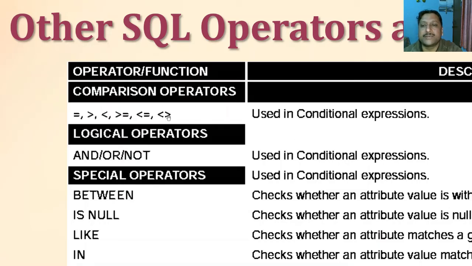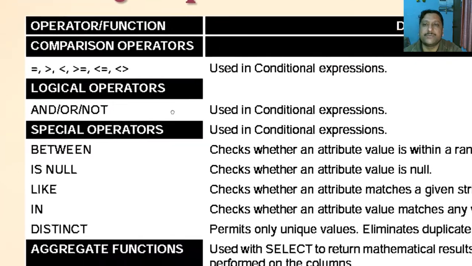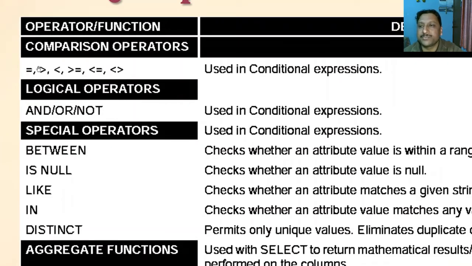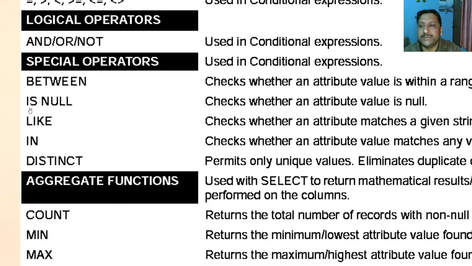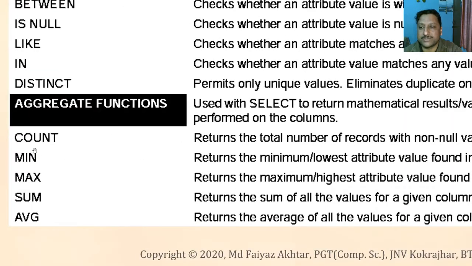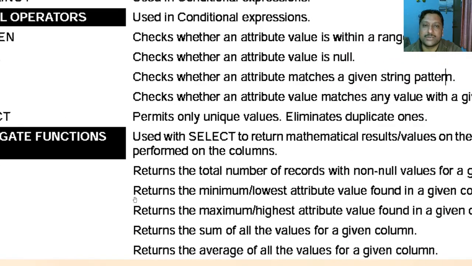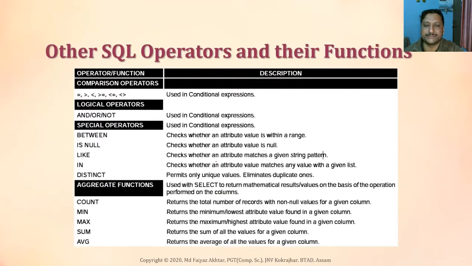These operators are known as comparison operators. If you want to compare two values, then these operators are used. Logical operators: and, or, not. Special operators: between, is null, like, in, distinct, aggregate functions like count, min, max, sum, average. These are the functions used for different purposes.